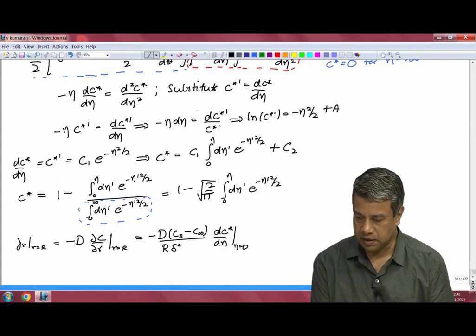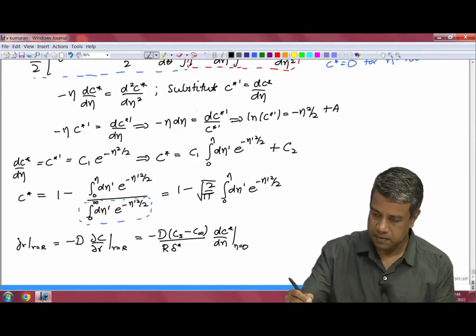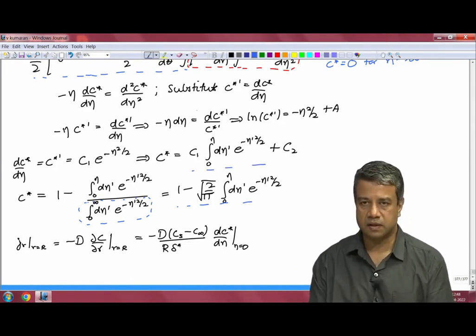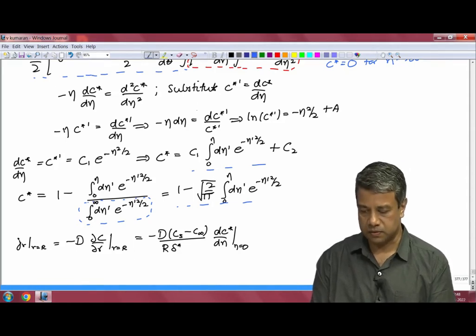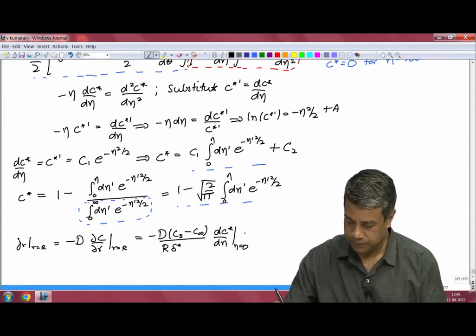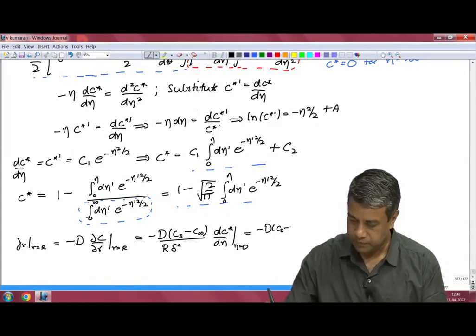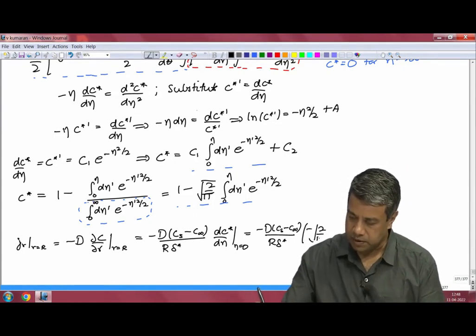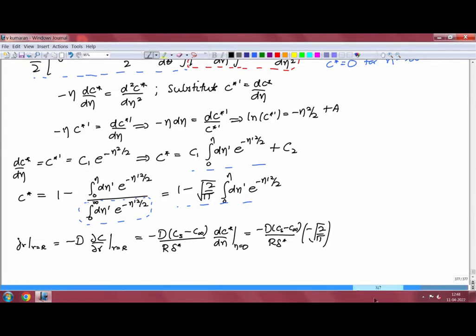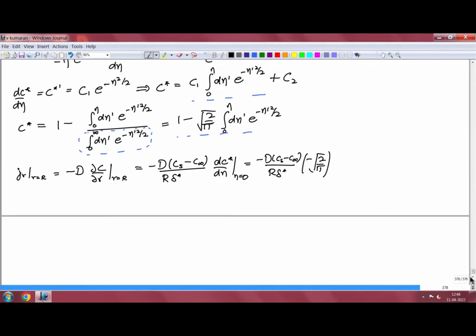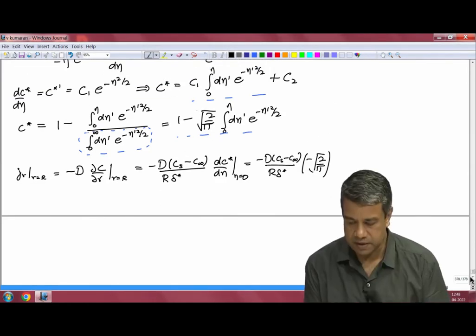And dc star by d eta at eta equal to 0 can be quite easily obtained from either of these expressions. The derivative of an integral is the value of the integrand at eta equal to 0. So, this is just equal to minus root of 2 by pi. The slope is negative because the concentration is decreasing as you go away from the surface. So, this is the expression for the flux at the surface.